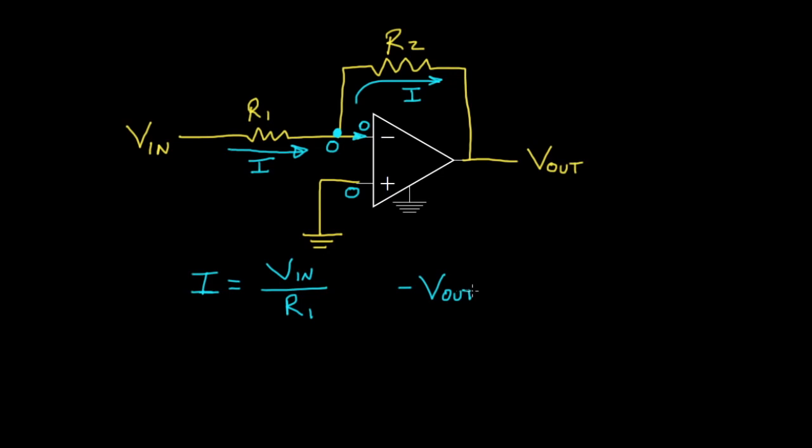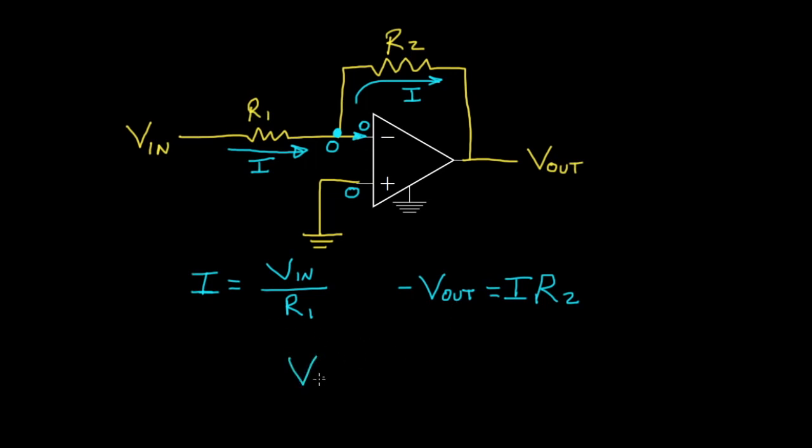That's how much the voltage drops from this point to this point in the direction of the flow of the current. That's going to be equal to this current times this resistance. Well, this current is Vin over R1, so we can rewrite this from these two equations.